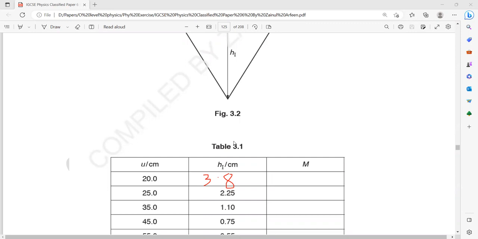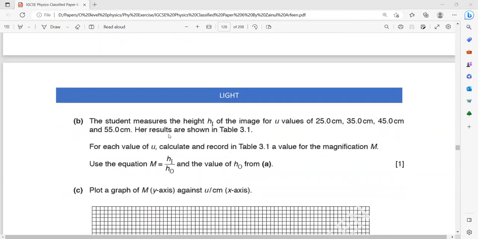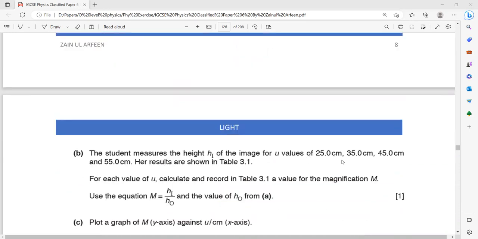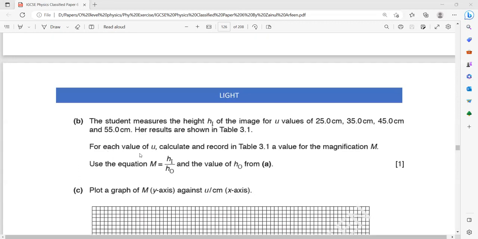The next part: after doing this 3.8, the student measures the height for U values of 25, 35, 45, and for each value of U, records in table 3.1 the value for magnification. How to get the magnification?